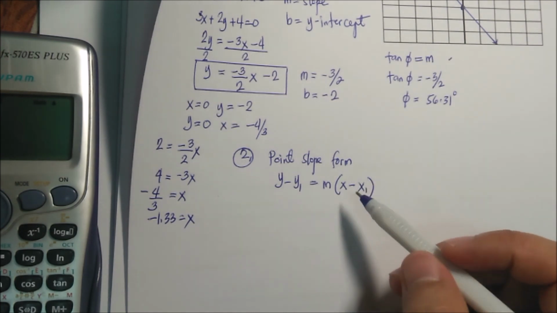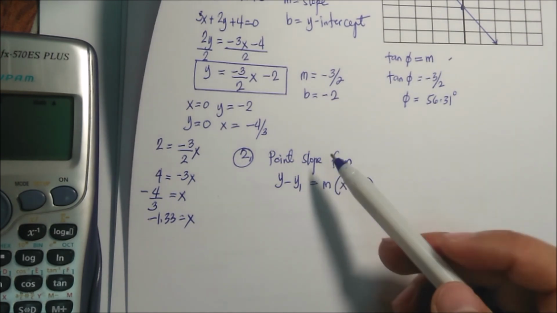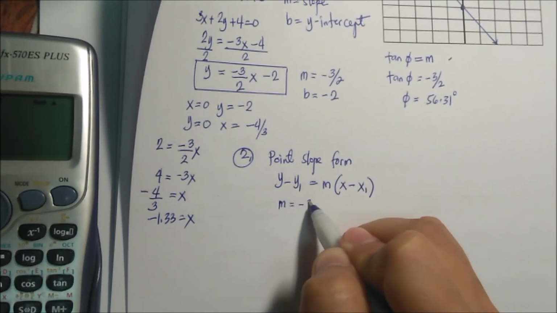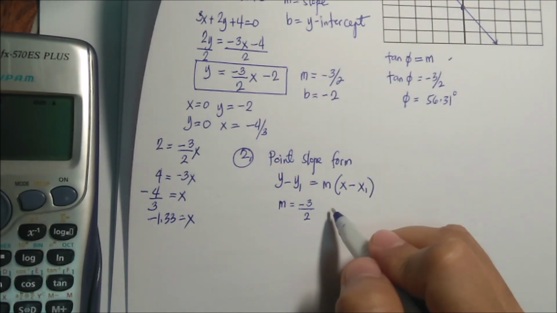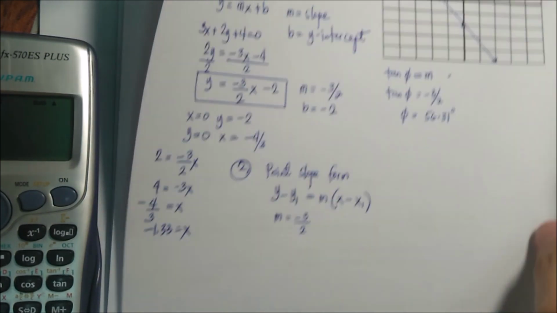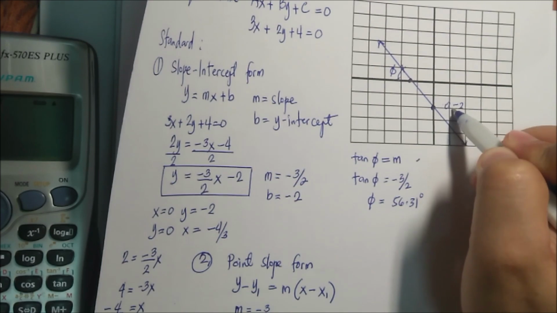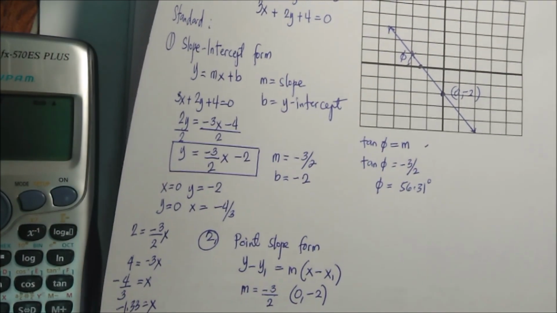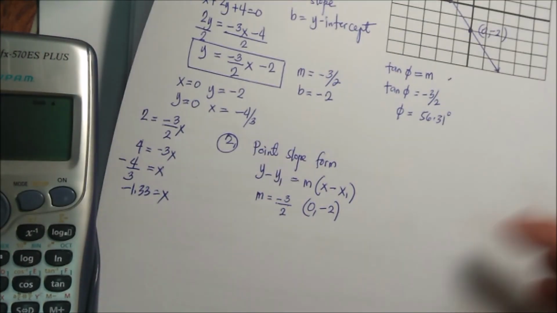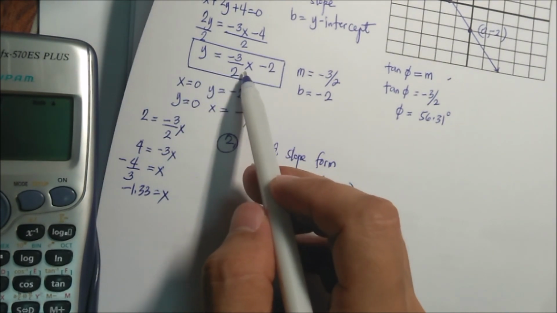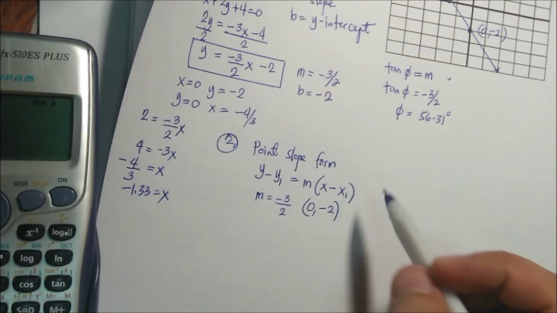So let's try the same example, that our slope is equal to negative 3 halves, and say for example one of the points is 0, negative 2. If we will be using this form, the equation of the line should be y equals negative 3 halves times x minus 2.